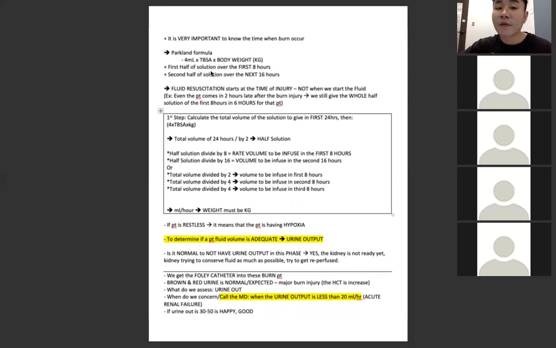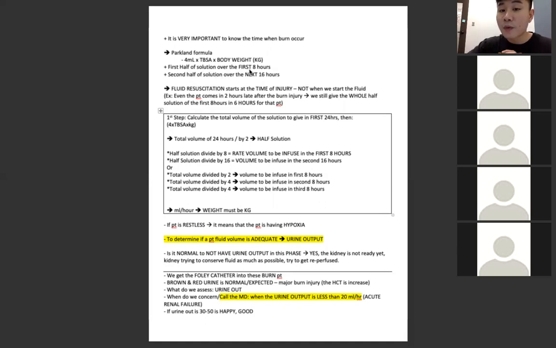The first half of the solution is given over the first 8 hours. What does it mean, the first 8 hours? It does not mean that the patient arrived at the hospital and we start counting. We start counting from the moment the patient got the burn injury. For example, the patient experienced the burn injury at 4 p.m. in the afternoon at home.